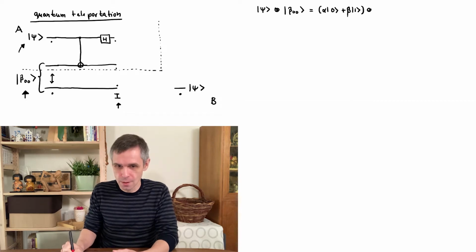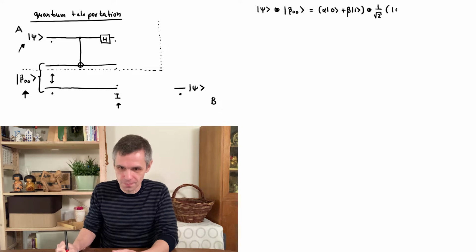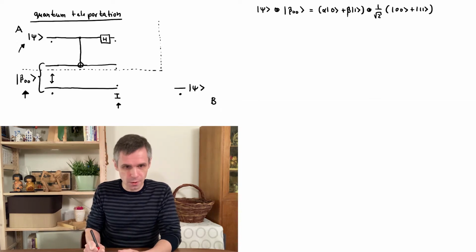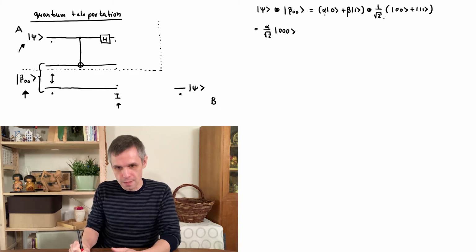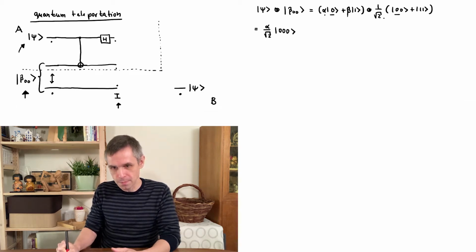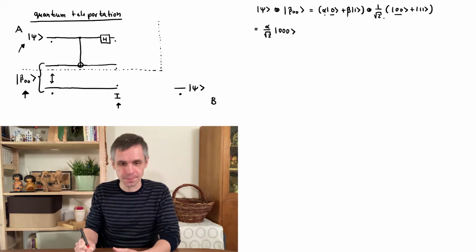And the Bell pair is just of our very familiar form as given here. Let us multiply out all the terms so that we can really write this as computational basis states of the 3-qubit system. So then we, for instance, have the amplitude alpha divided by square root of 2 for the state in which all the 3 quantum bits are in the state 0.